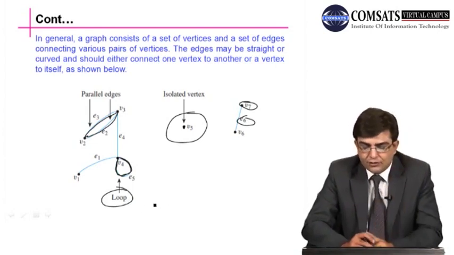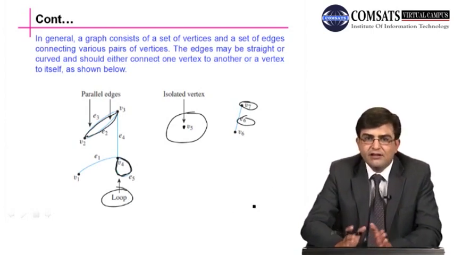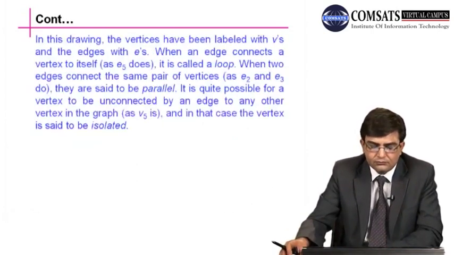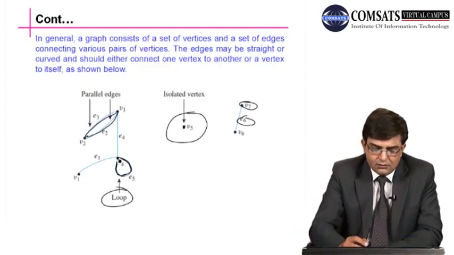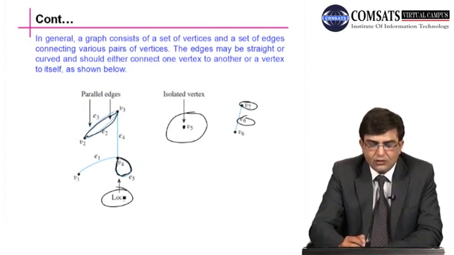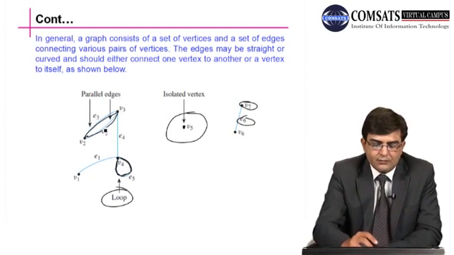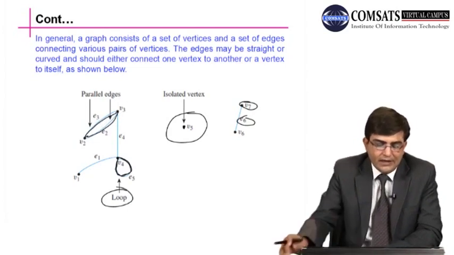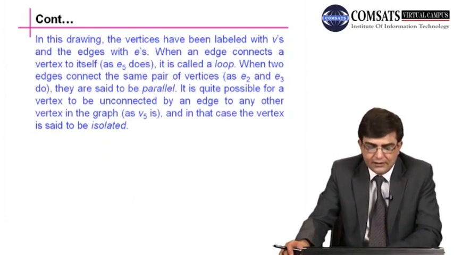Usually in graphs we denote edges by E, E1, E2, E3 and so on, and vertices by V1, V2 and so on. If an edge connects a vertex to itself, it is called a loop, and if two vertices, V2 to V3 and V3 to V2, are connected by two edges, then these are called parallel edges, and isolated vertex as we have discussed.